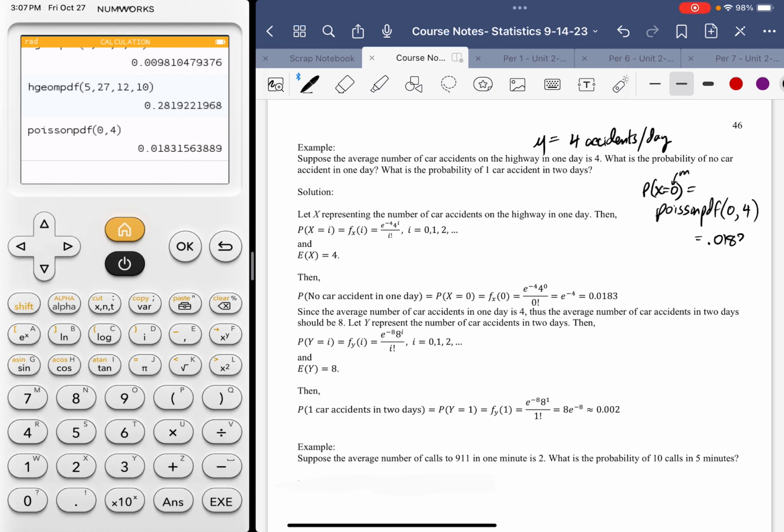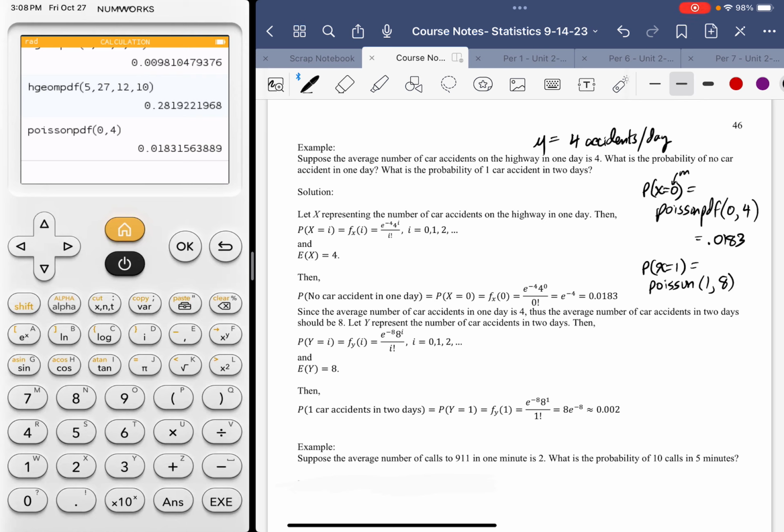These are very particular in terms of the types of questions that can be asked, so it's sort of nice, it's predictable. The other part of the question is if the number of, we'll call them successes, but that's pretty terrible in this context, Poisson, one accident in 2 days. So if it's 4 accidents each day, then it would be 8 accidents over the course of 2 days.